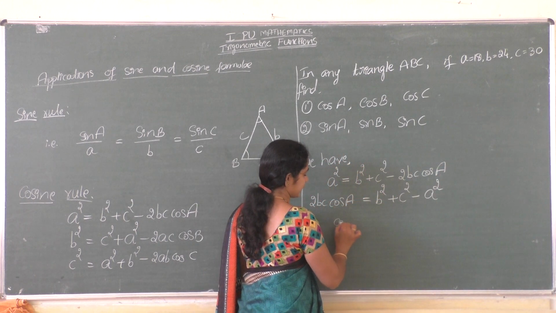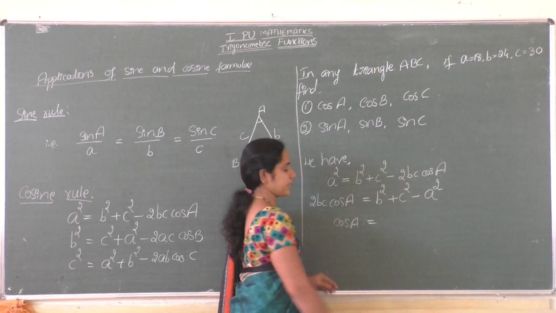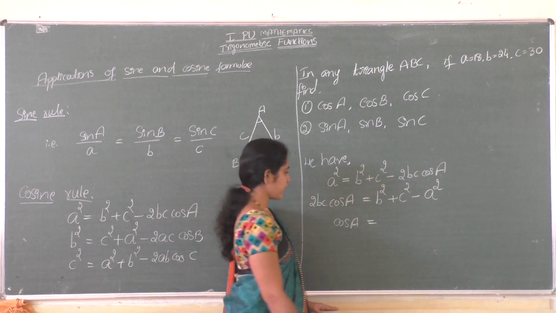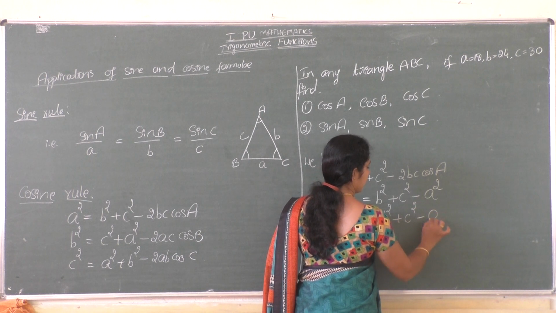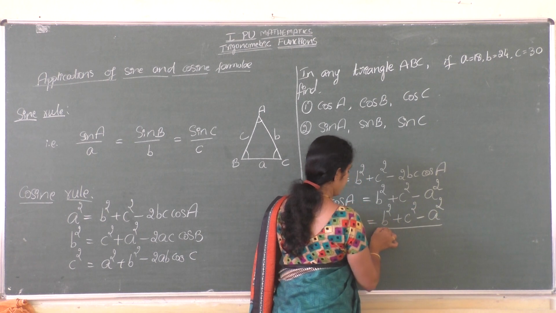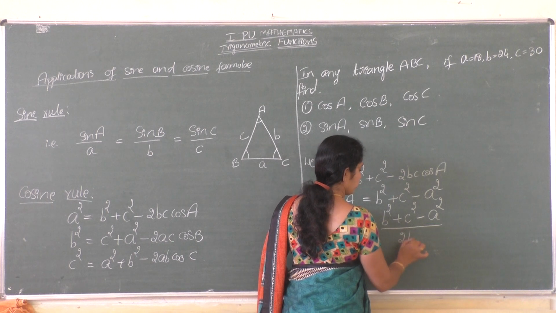Now we need cos A. Cos A equal to b square plus c square minus a square divided by 2bc.